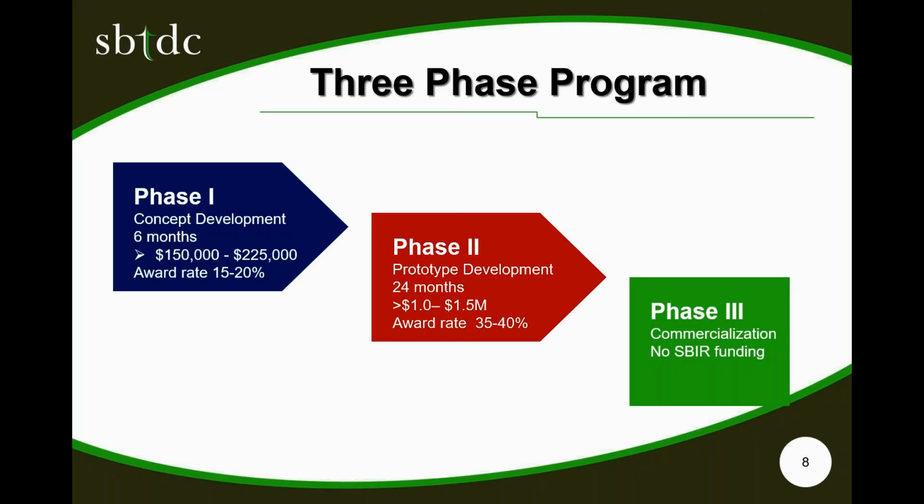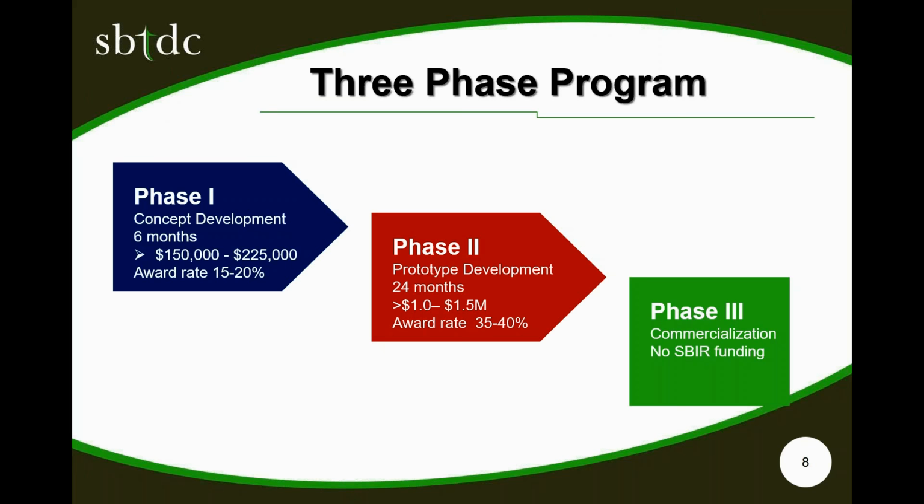Phase 1s generally last about 6 months in time. They can extend to 12 months of time. It's up to you to determine what that timeline for you to carry out that type of research is going to be. Win rates are about 1 in 5 to 1 in 6. Okay, so 15 to 20% in general.